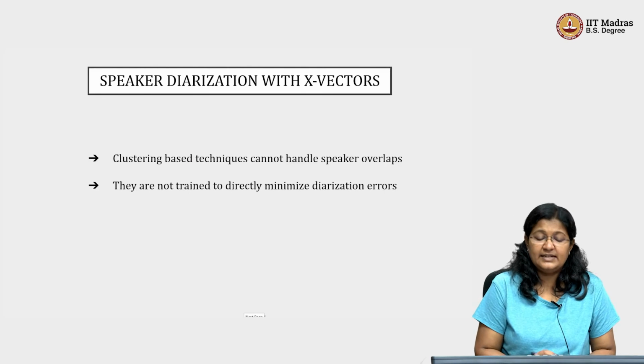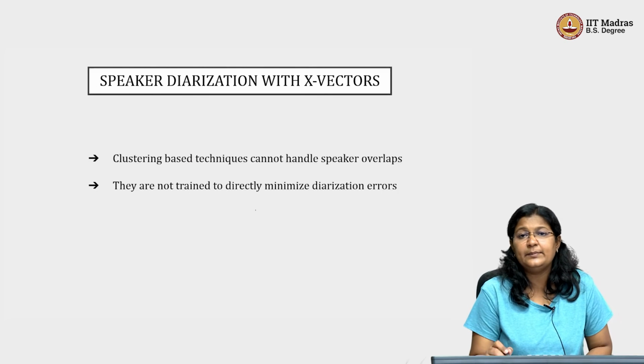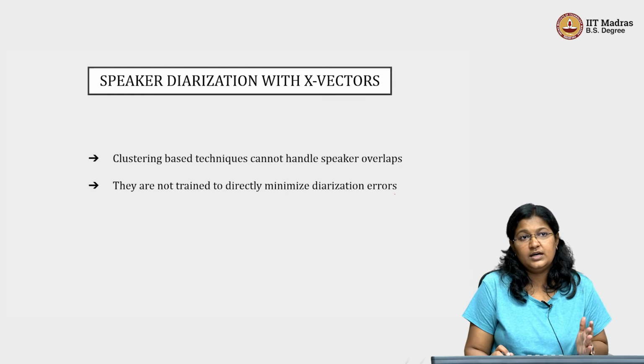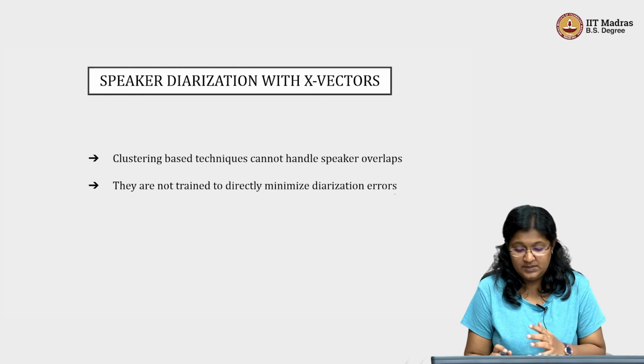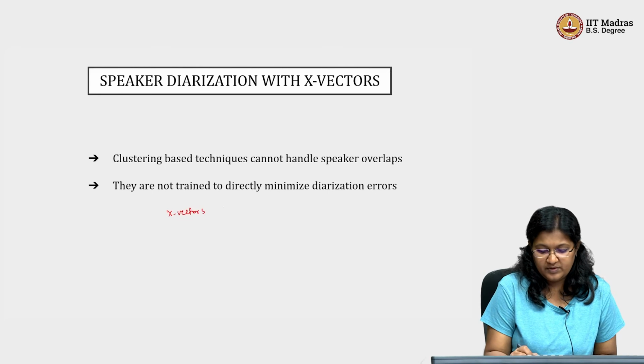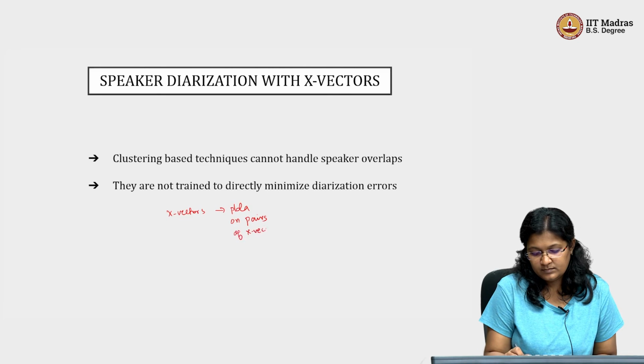And the second disadvantage is it's not trained to directly minimize diarization errors. Instead, you are doing some kind of an indirect process. You are getting some X vectors, you are performing PLDA on pairs, generating some scores, doing some clustering.